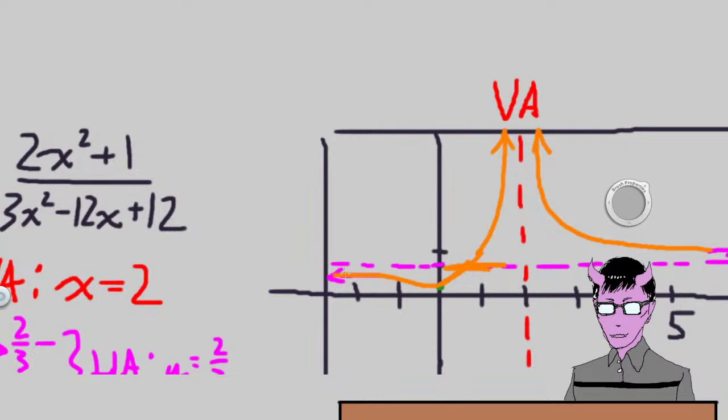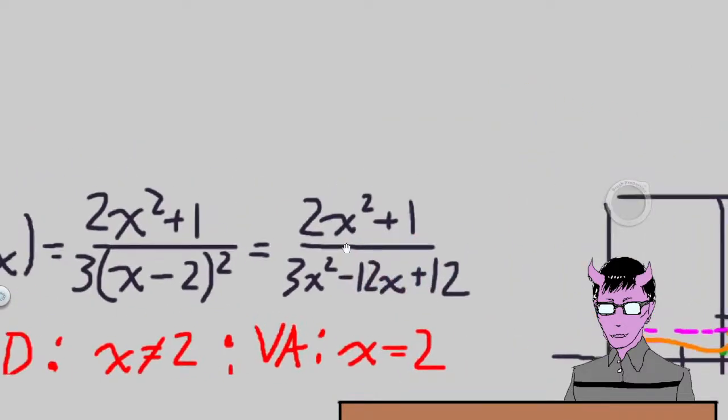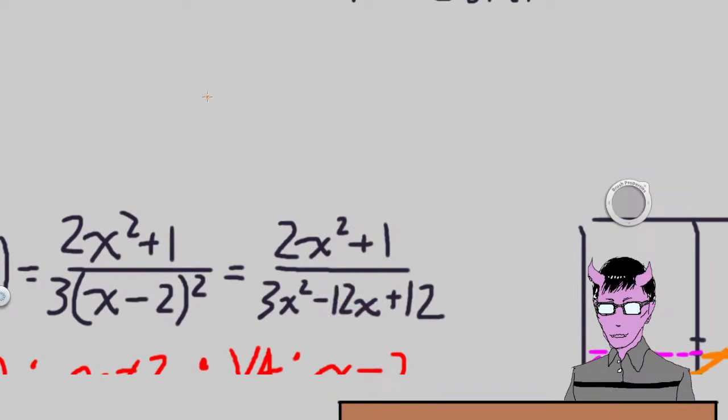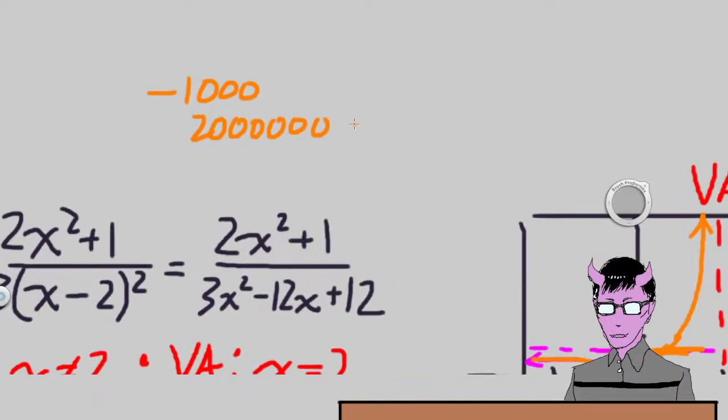So what if we plug in something of very huge size negative, right? Let's plug in negative 1,000 yet again. So if you plug it in, we're going to get positive 1 million times 2, which is 2 million, and it's only being increased by plus 1. What's happening to the bottom one? Same thing. 1,000 squared is 1 million times 3 is 3 million.